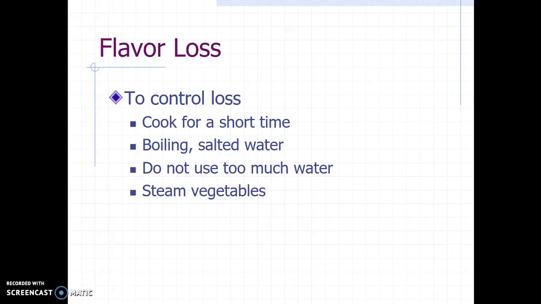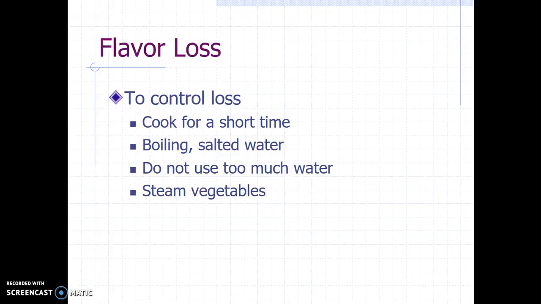When we're cooking vegetables, we're also concerned about flavor loss, obviously. We want to make sure that we are providing the best flavored food when we're done with it, right? So to control loss of flavor, we want to only cook it for a short period of time. We don't want to be cooking it for long periods of time, because over long periods of cooking, you're going to lose flavor.